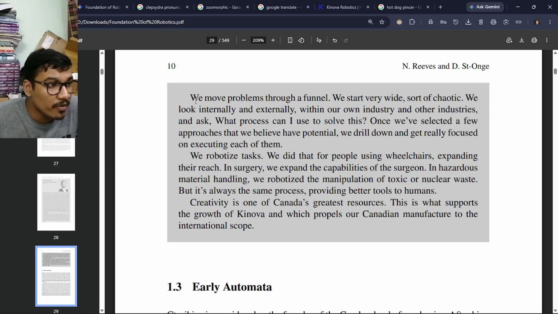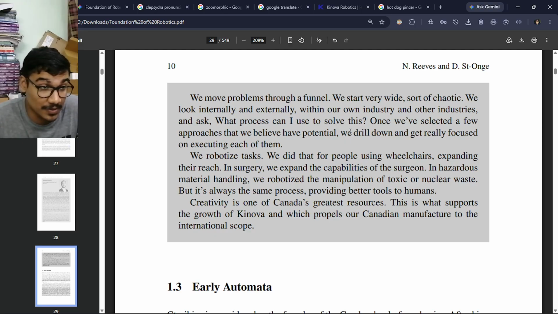We move problems through a funnel. We start very wide, sort of chaotic. We look internally and externally, within our own industry and at other industries, and ask, what process can I use to solve this? Once we have selected a few approaches that we believe have potential, we drill down and get really focused on executing each of them.